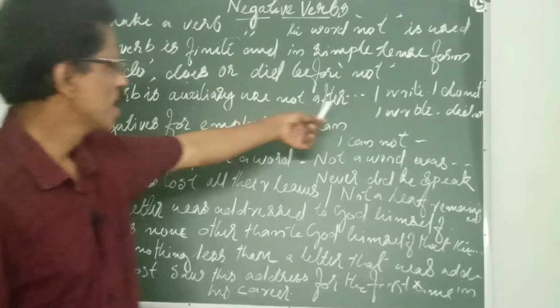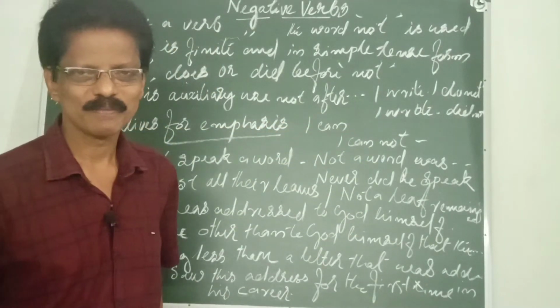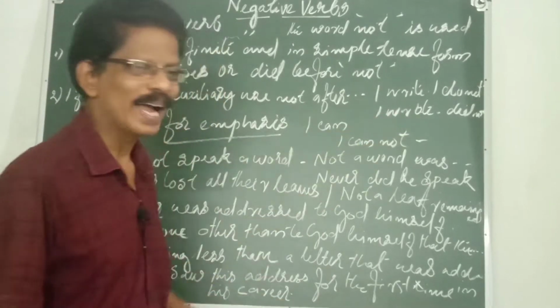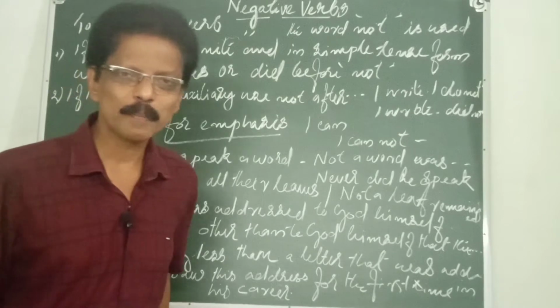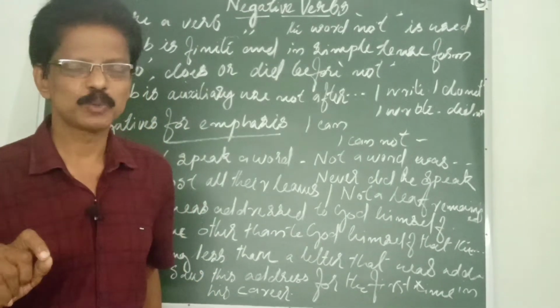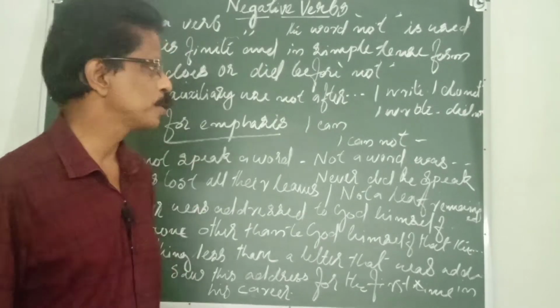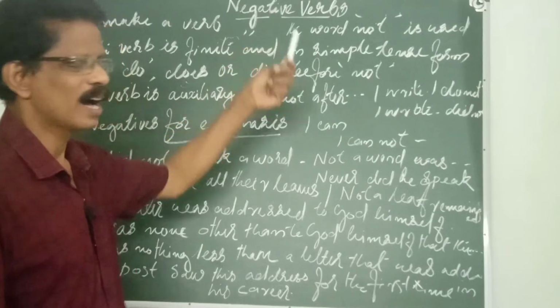For example, I write a letter, I do not write. I wrote a letter, I did not write. Did plus V1 is equal to V2. So, if the verb is finite, means regular verb, and the tense is simple, you have to use do, does or did according to the tense of the verb.